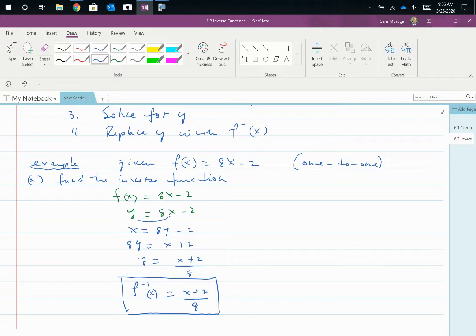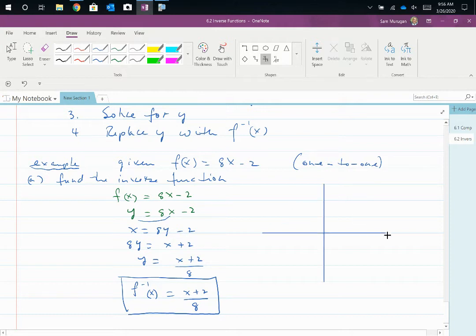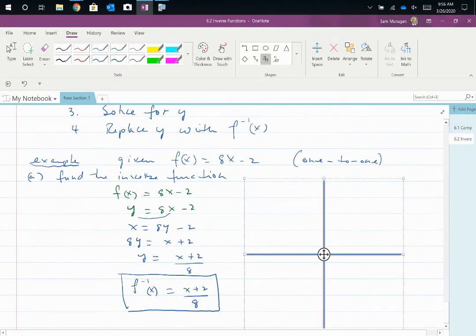Now, I want to show you how straightforward it is to sketch a graph of this, okay? Let's call this part B. So if we wanted to graph the original function, say f of x is equal to 8x minus 2, I would quickly find 2 points.